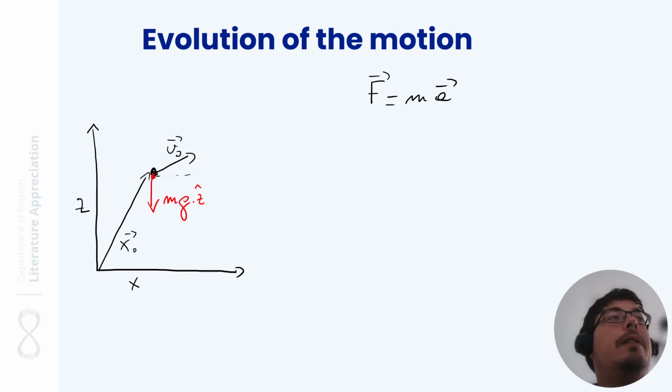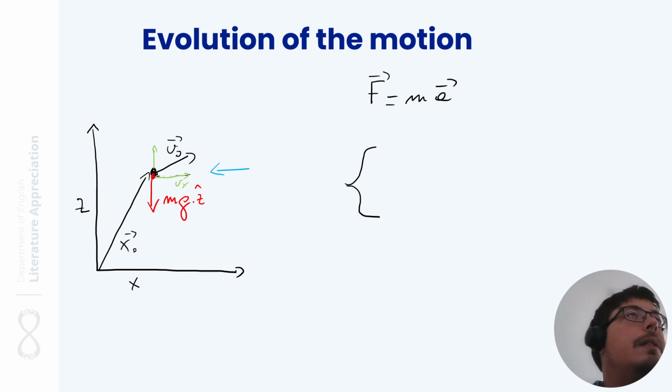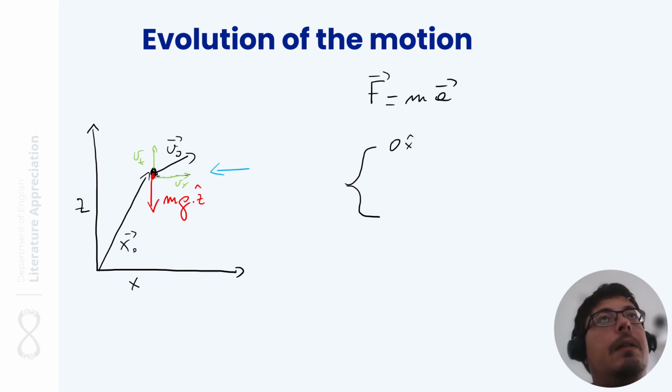Luckily, we already have the directions x and z, so this turns out to be two equations. In x, there is no force, but there is a component of velocity, Vx. So Fx is 0 in the direction x.